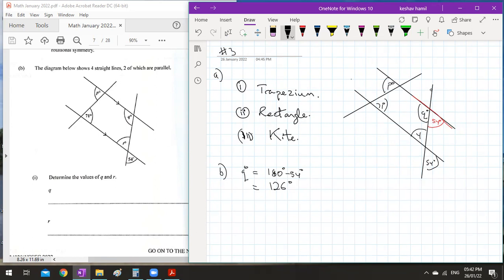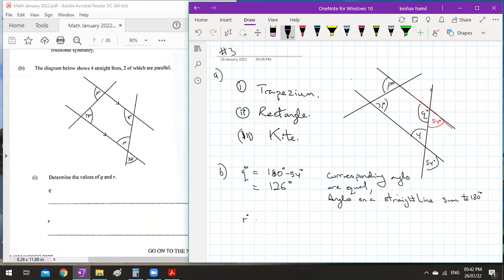So the reason why is corresponding angles are equal, and then angles on a straight line sum to 180 degrees, right?